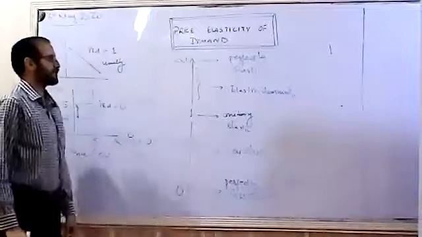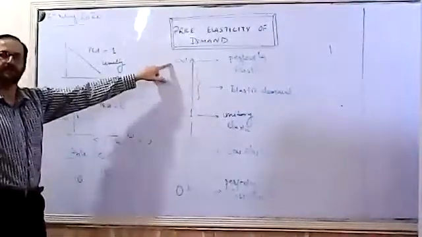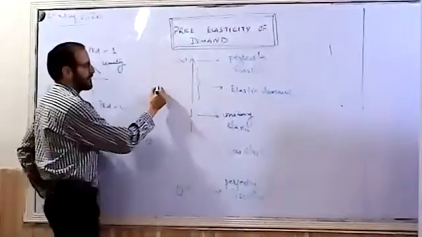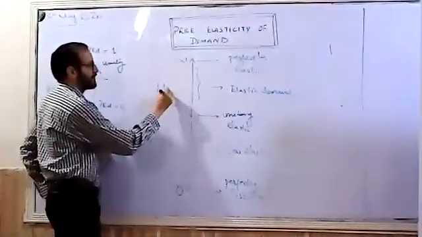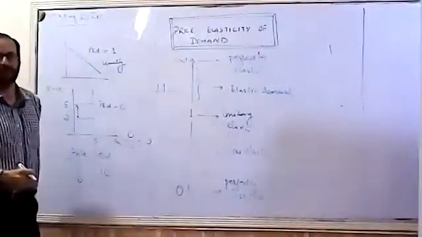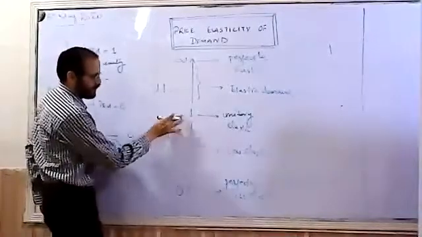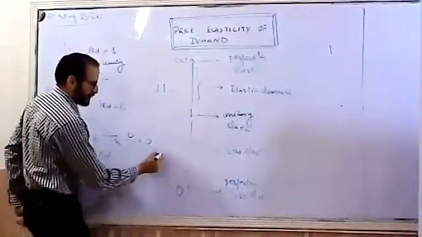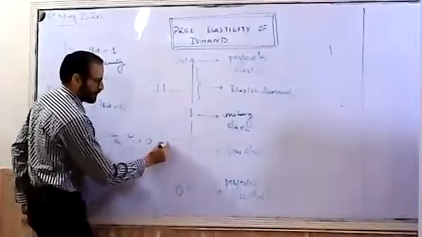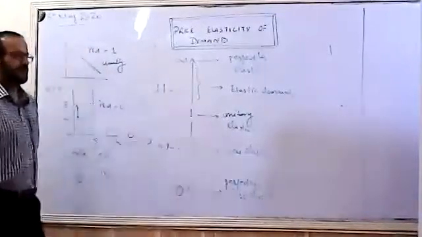Now, can you guess the values between 1 and infinite, dear students? It might start from 1.1 onward, but before infinite. And between 1 and 0, it starts from 0.1 and so on till we get 1.